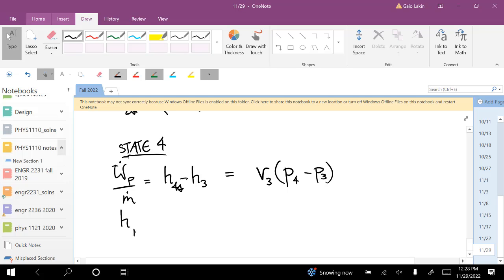So H4S, if I rearrange this, is equal to H3 plus the specific volume of water times the pressure at state 4, which is 10 times 10 to the 6, minus the pressure at state 3, which is 6 times 10 to the 3rd.